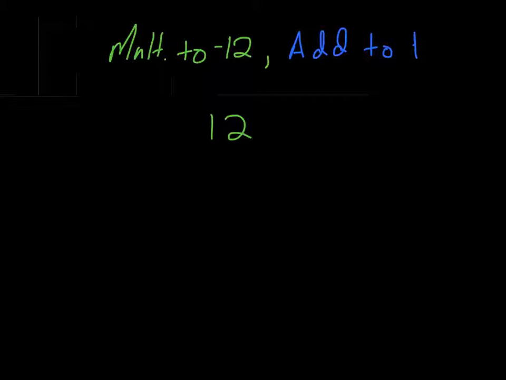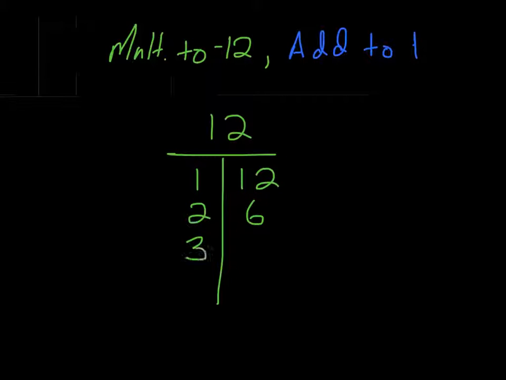So the quickest way here is to just create a factor table. This is always easiest because it allows us to write something down to look at and to think of other things in our head. For a factor table, you always start with 1 times the number itself, and just go by increments on the left-hand side and find all the factor pairs. 2 times 6, 3 times 4.